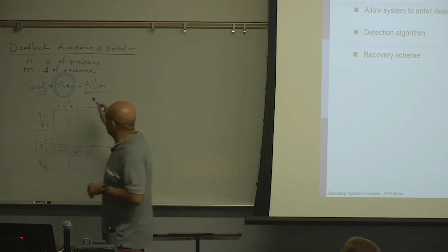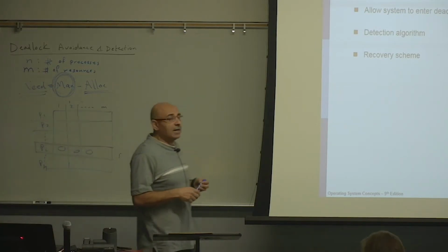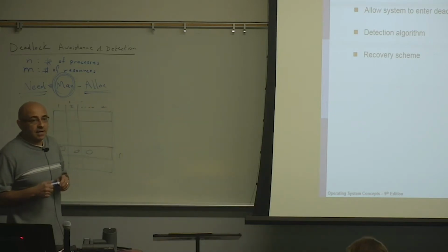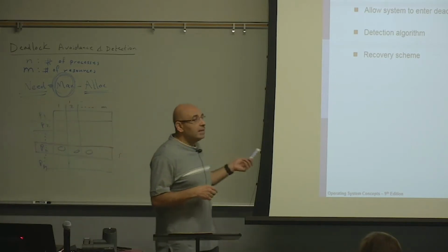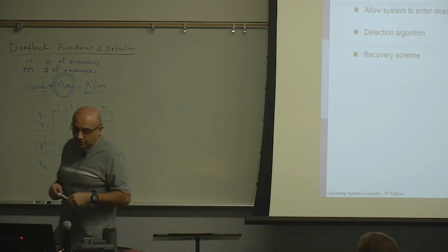In your avoidance analysis, you are analyzing the future based on the projected need. But in deadlock detection, you are analyzing the present, what you currently have in the system, and that's going to be easier.